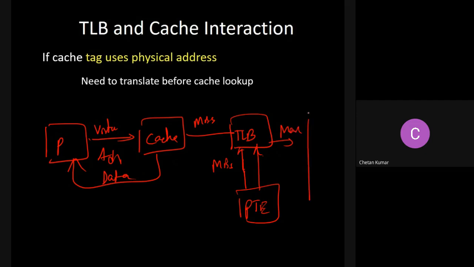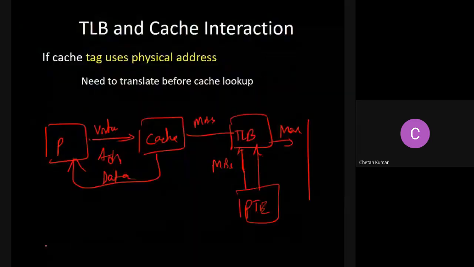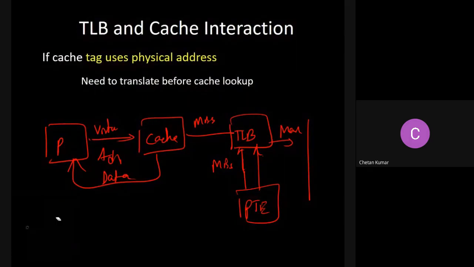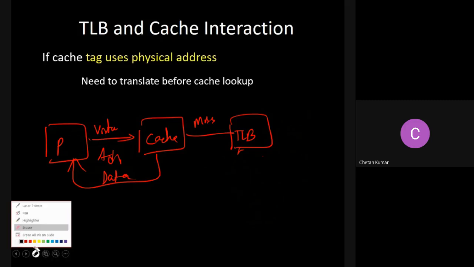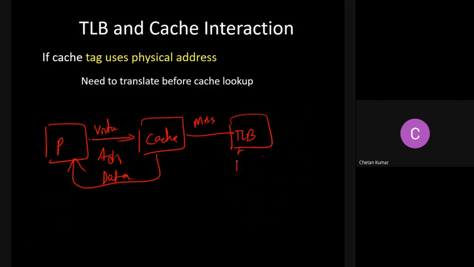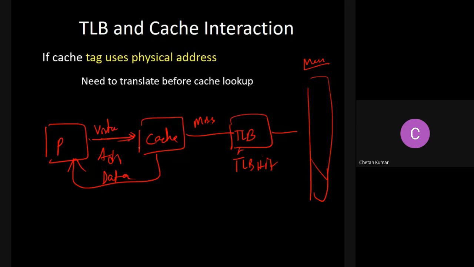Let me put it in a proper way. In this case, let's talk about a TLB hit. What happens if it is a TLB hit? Can you tell me? If this is your main memory, and I've sent the virtual address to the cache: if it is a hit, you send the data to the processor.